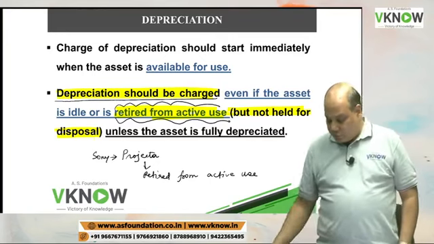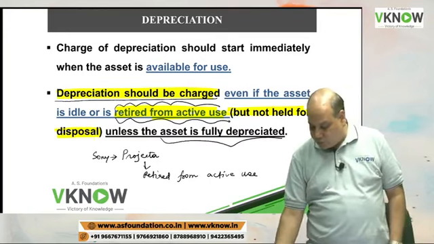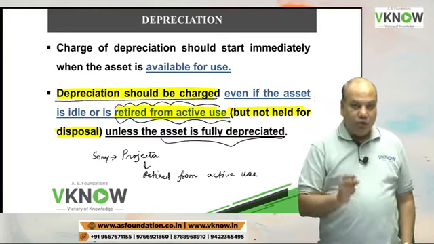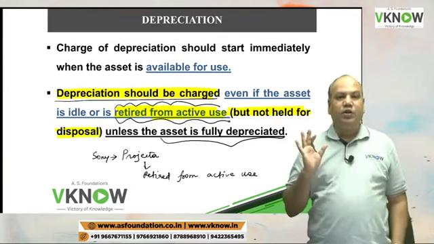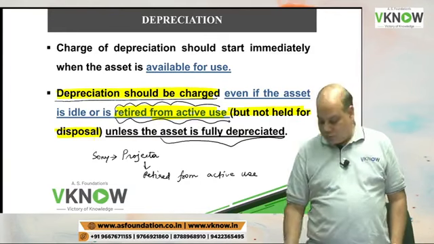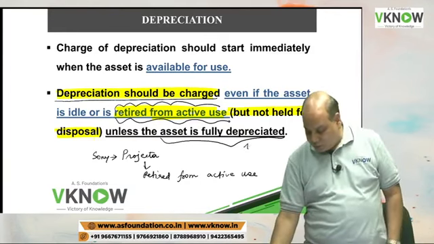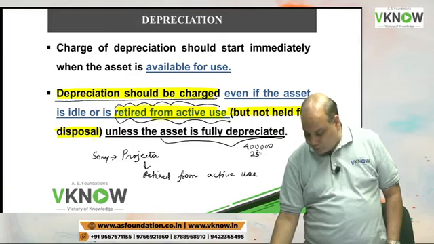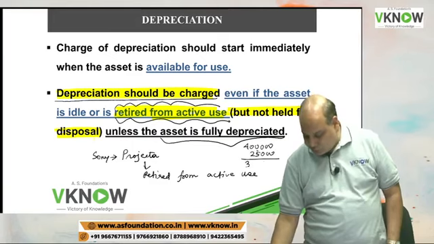However, once the asset is fully depreciated, then of course I will not provide depreciation. If i10 car cost is 4 lakh, residual value 25,000, so depreciable amount is 3 lakh 75,000.